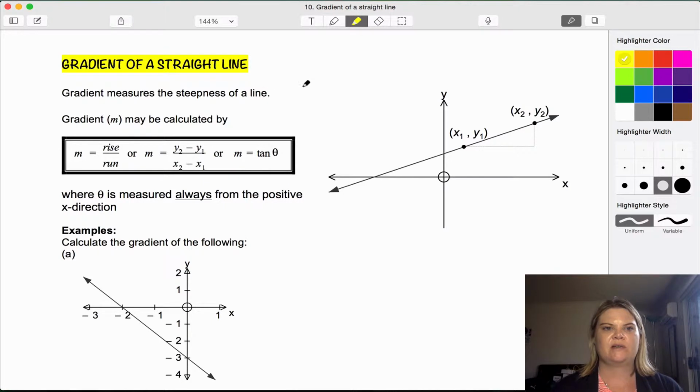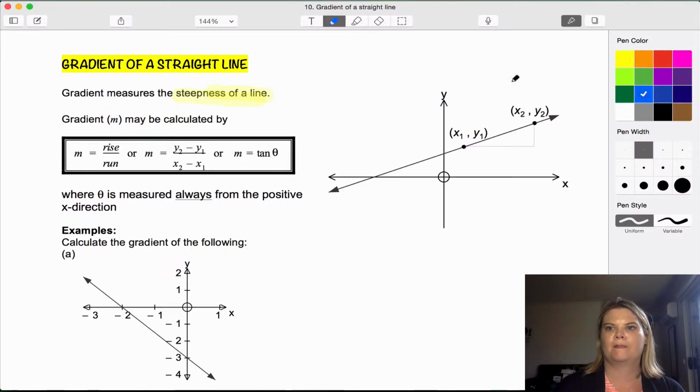Now you remember from previous years that the gradient is the steepness of a line. So if we have a line that is really steep, it's going to have a high gradient, so a high number.